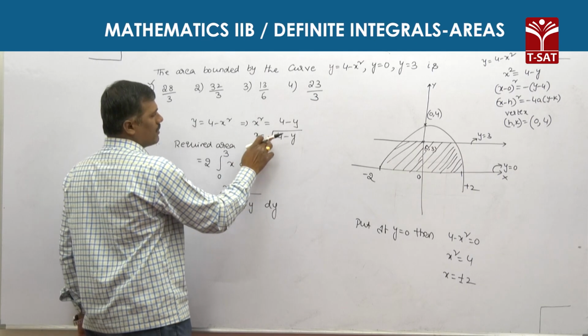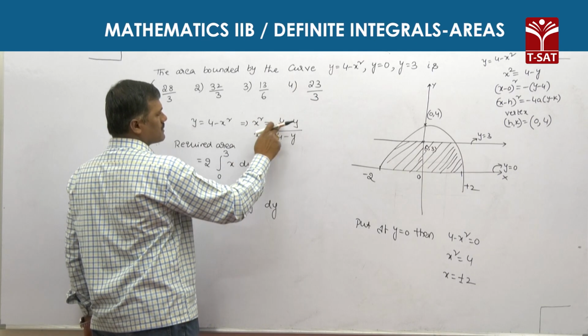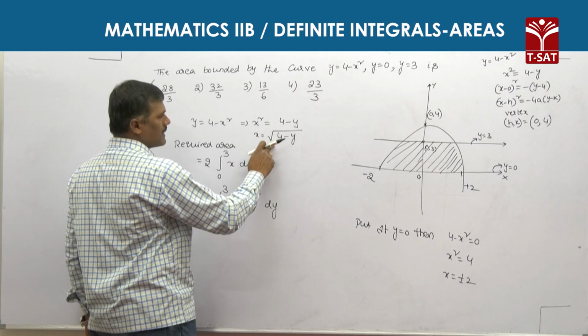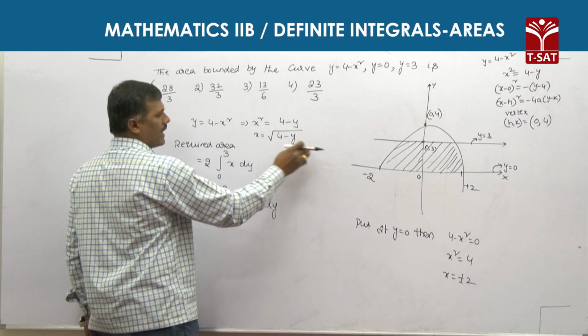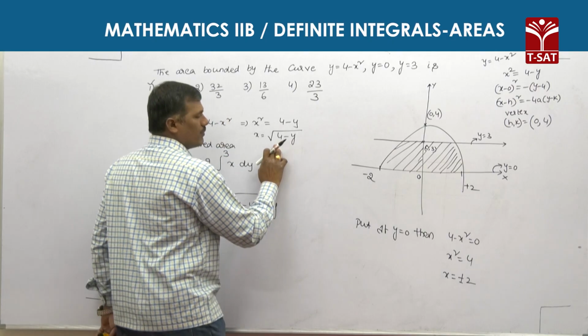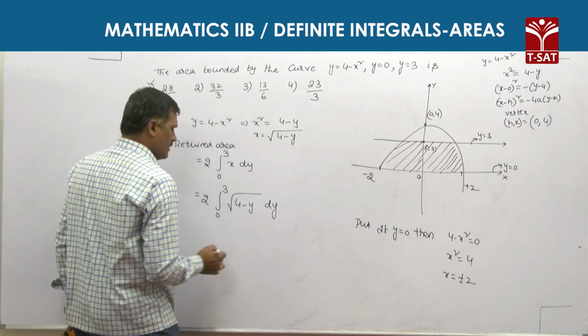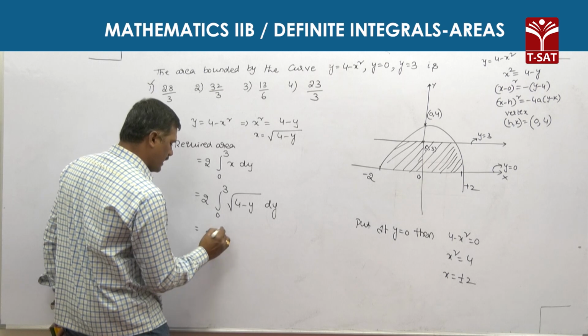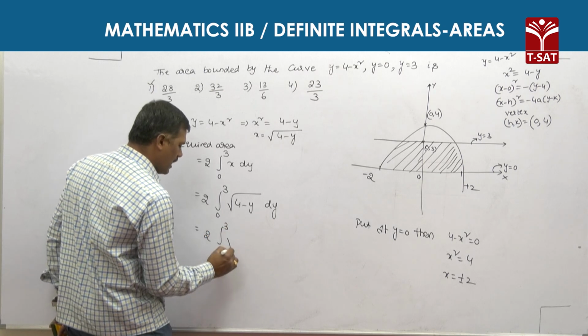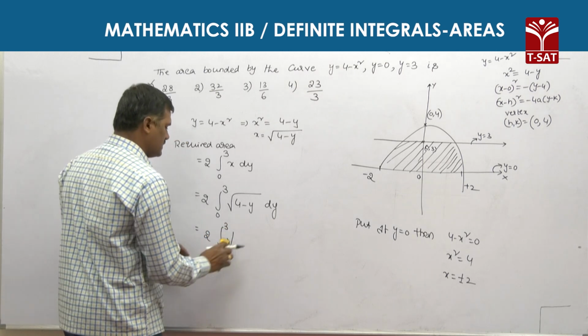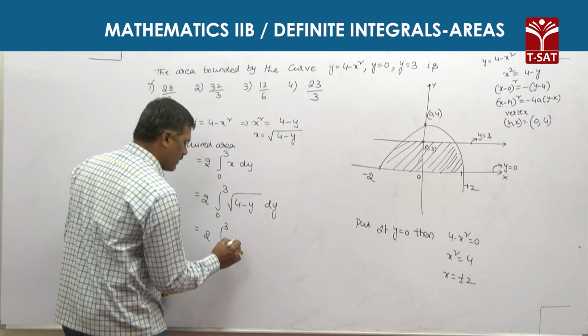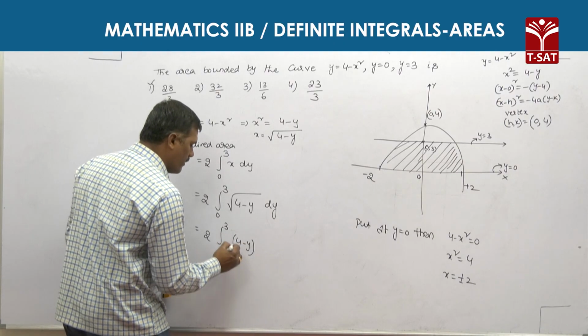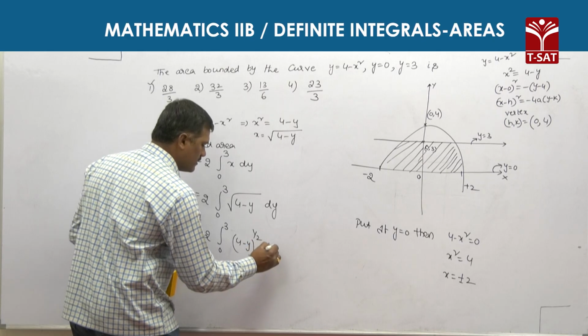From the given curve, x square equal to 4 minus y, x is equal to plus or minus actually, but we can take the positive root of 4 minus y. That is equal to 2 into the integral from 0 to 3 of under root 4 minus y, which you can write as 4 minus y whole power 1 by 2, into dy.